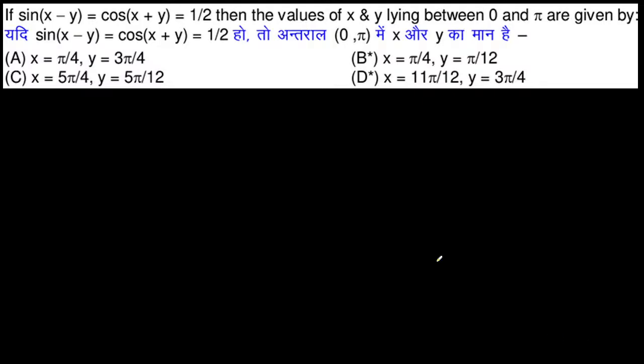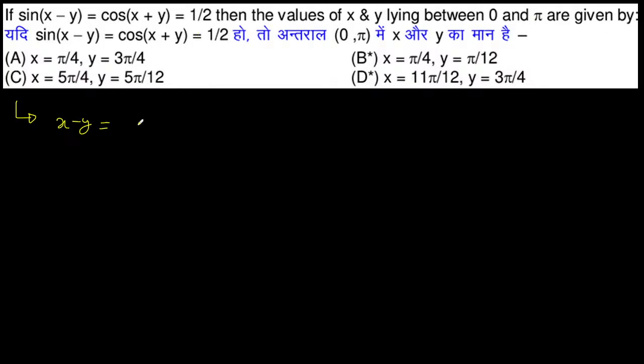This is the question we have to tackle. Sin(x minus y) equal to cos(x plus y) equal to 1/2. Then the value of x, y lying between 0 to pi are given as. Okay, so we can say that sin(x minus y) is equal to 1/2 and it is between 0 to pi.